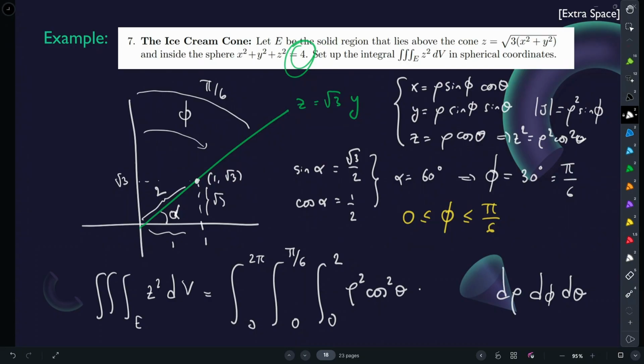The last integral was about rho. And I have to multiply by the spherical coordinates Jacobian, rho squared sine of phi. So all in all, inside the integral is rho to the 4 cosine squared of theta sine of phi.